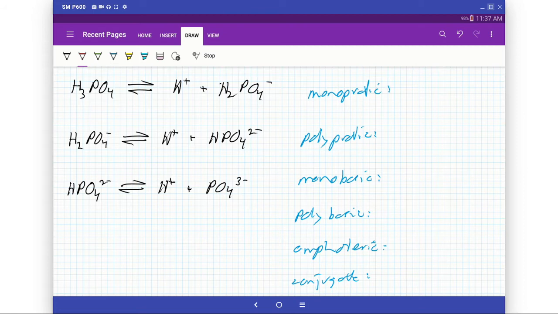HPO4 2- is monoprotic, and he is correct. Polyprotic is things that donate more than one proton. H3PO4 and H2PO4 minus. Correct, Benjamin.